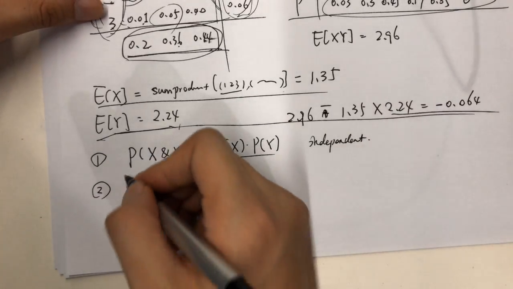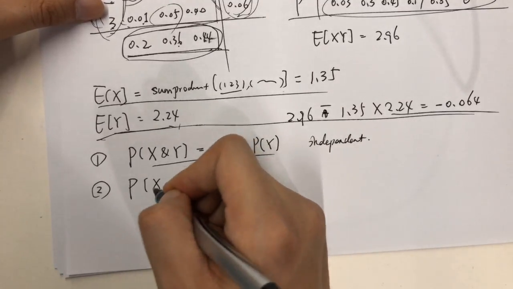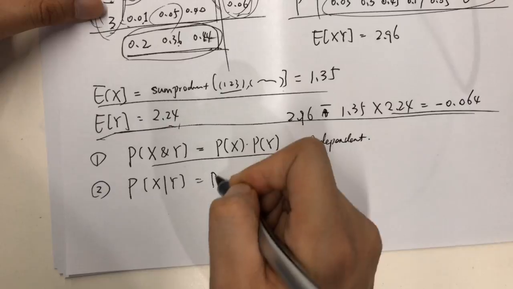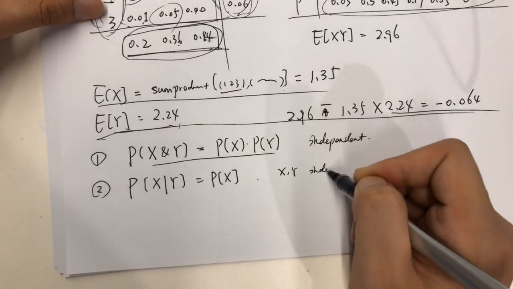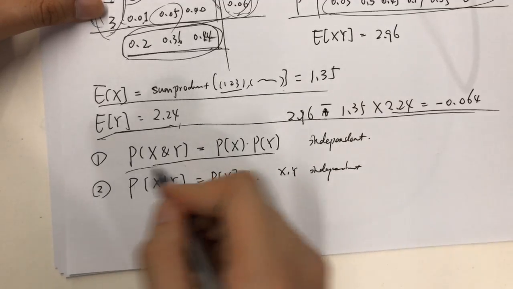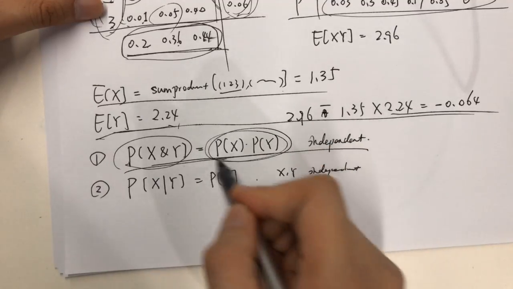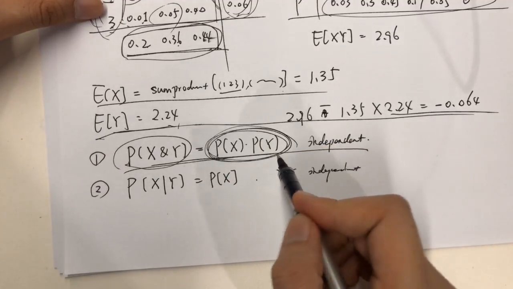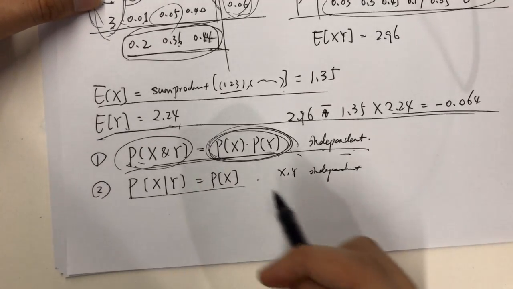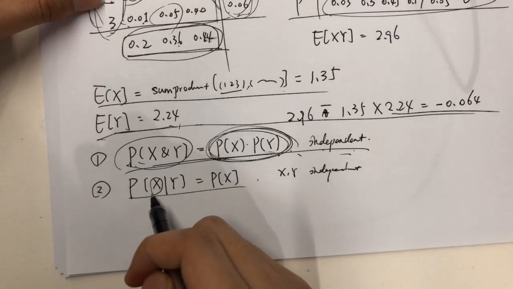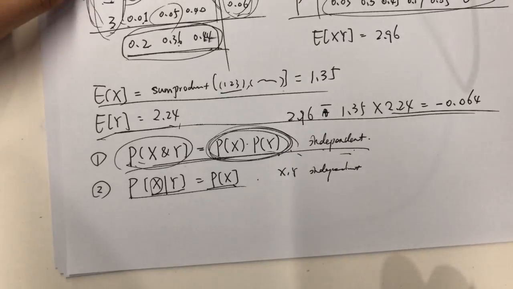And secondly, if the probability of x given y equals the probability of x, then we can say x and y are independent. So those are the 2 ways. If the joint probability equals the product of the marginal probabilities, then the two events are independent. And also, if the conditional probability equals the marginal probability, then we can also say they are independent.